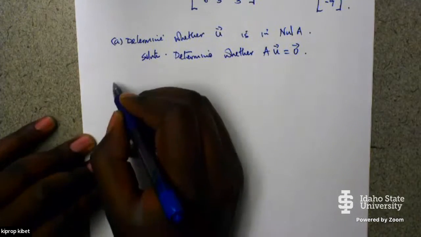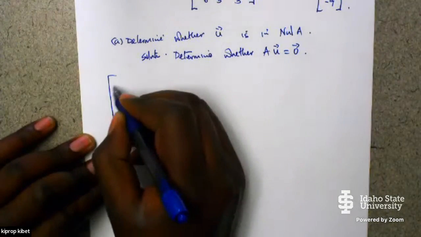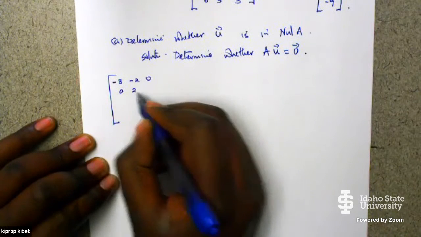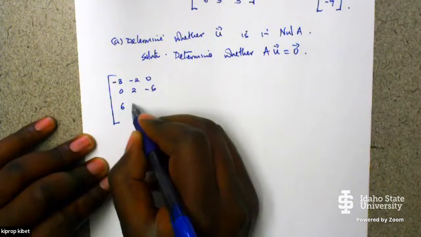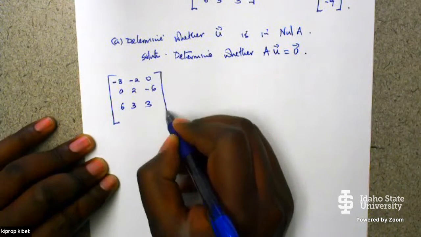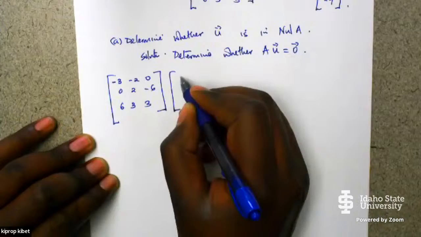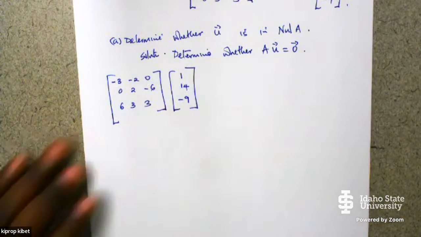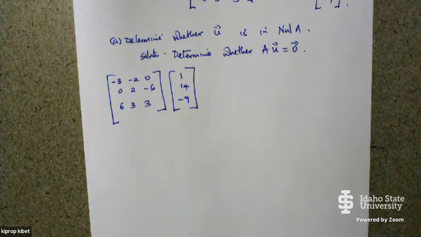So you need to multiply the matrix -3, -2, 0, 0, 2, -6, 6, 3, 3 by U, which is 1, 14, and -9. If you get 0, 0, 0, a 0 vector, then U is in the null space of A.